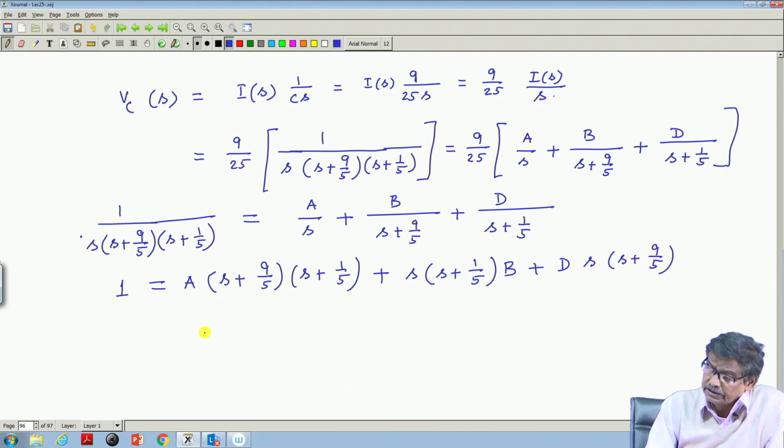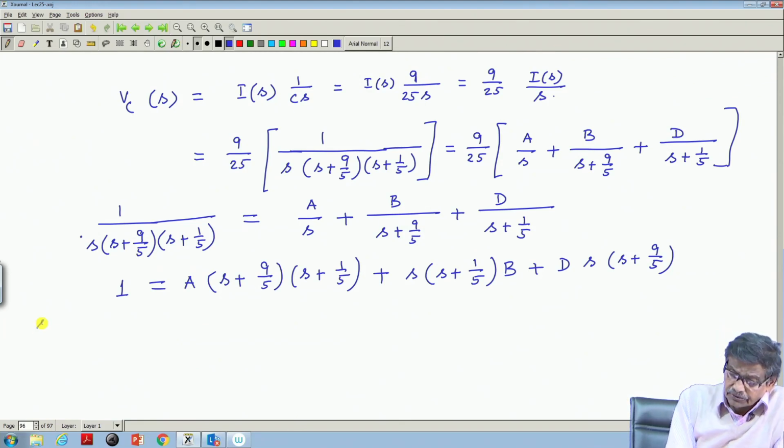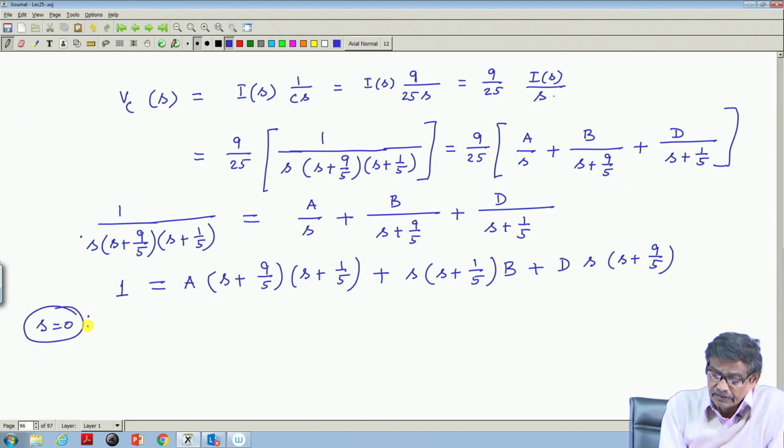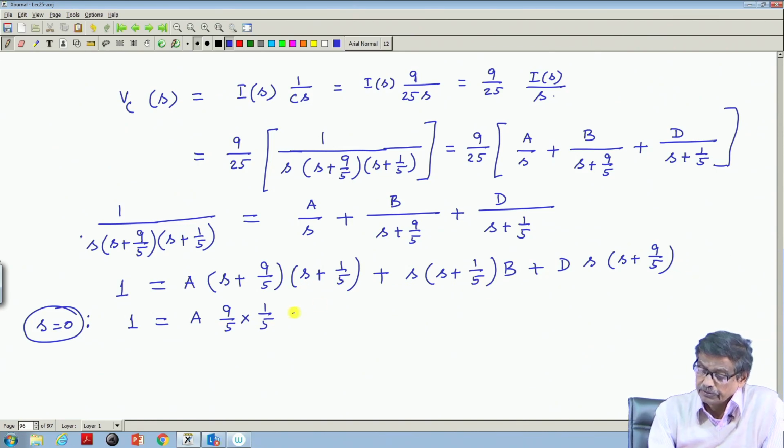Now, here I have to determine three constants. So, first thing is you put S equal to 0, you can put any value of S, no problem. If you put S equal to 0, then the B term and the D term will become 0 and you will straight away get the value of A. So, A into 9 by 5 into 1 by 5, other things will become 0.